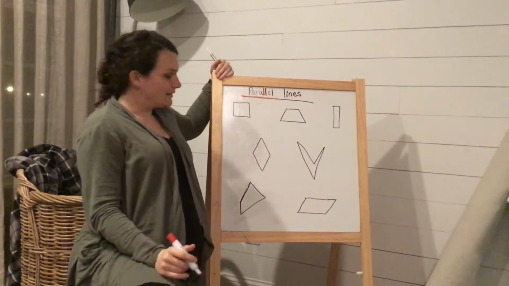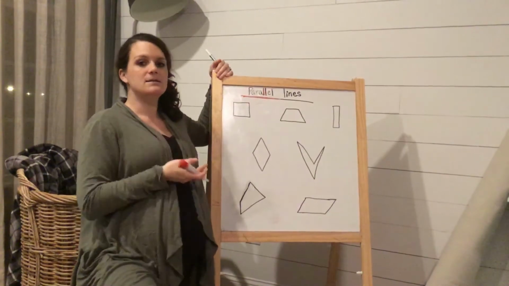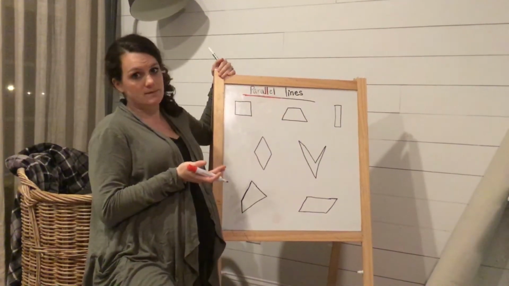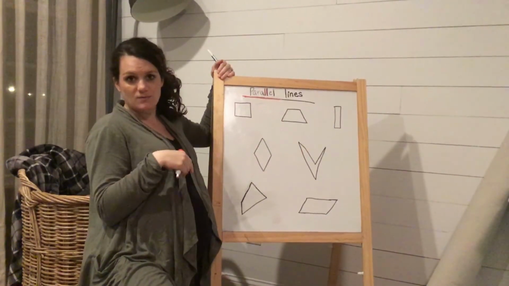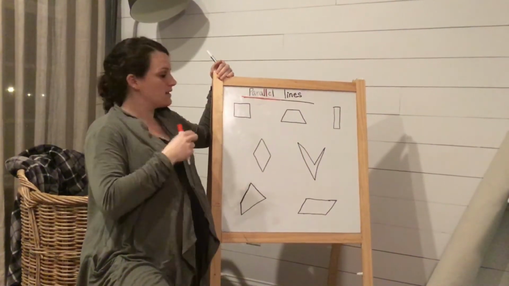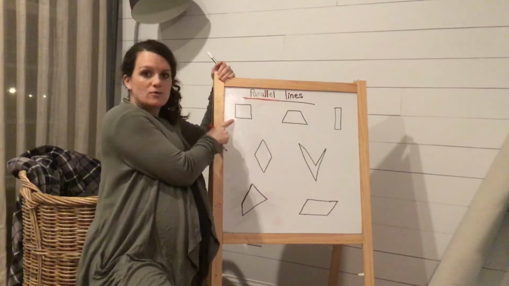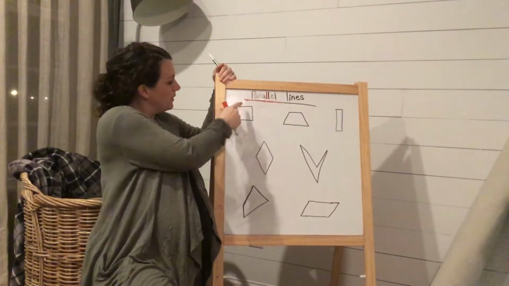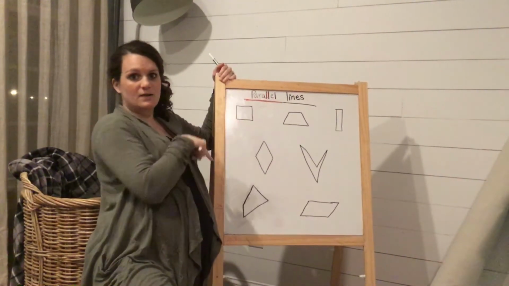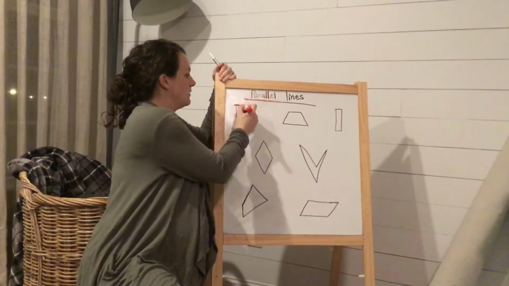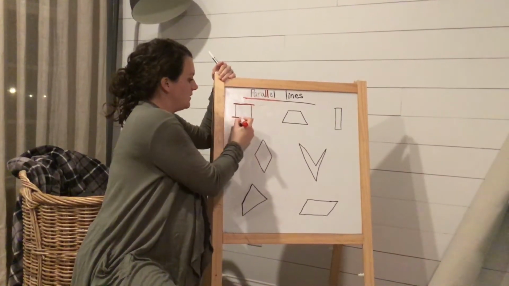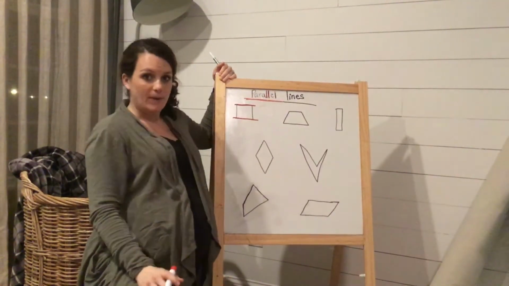So whenever we look at these different shapes, some shapes have no parallel sides. Some shapes have 1 set of parallel lines. Some shapes have 2 sets of parallel lines. So if we look at our first quadrilateral, a square, you want to look at the opposite sides. First you can see that this side here and this side here are parallel.